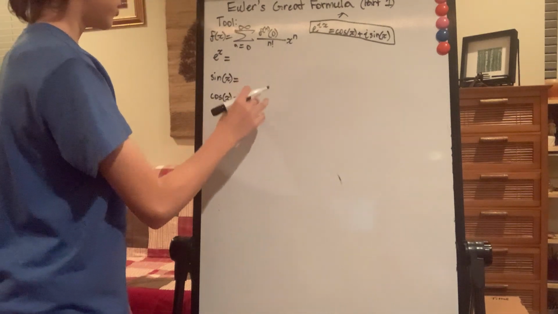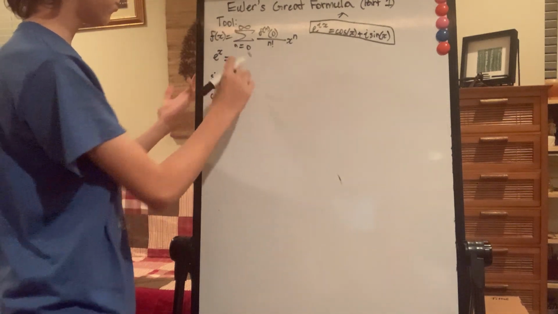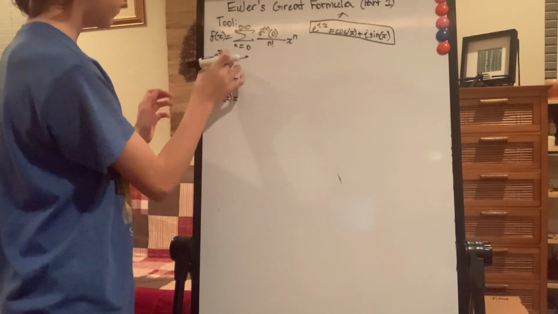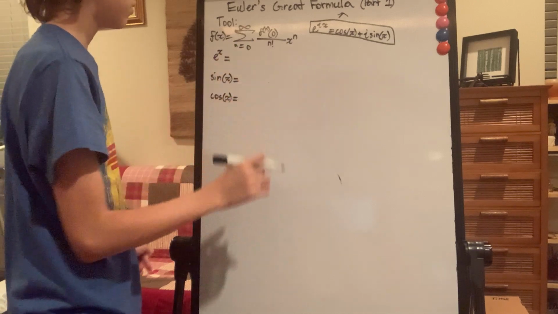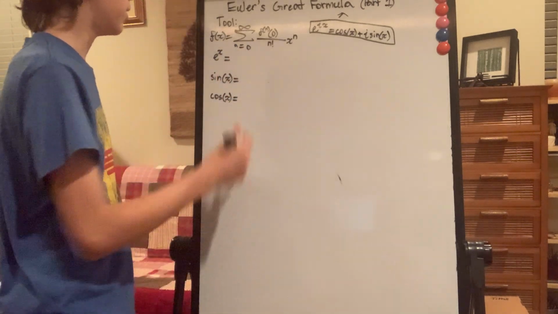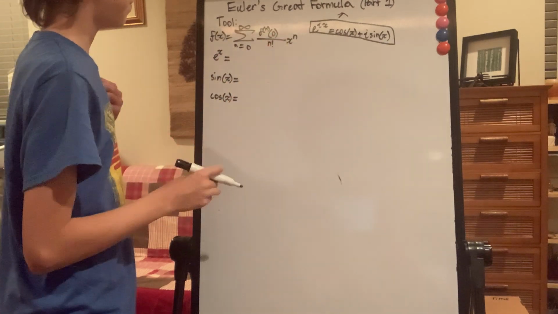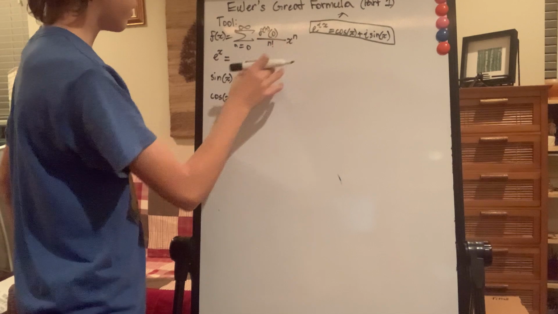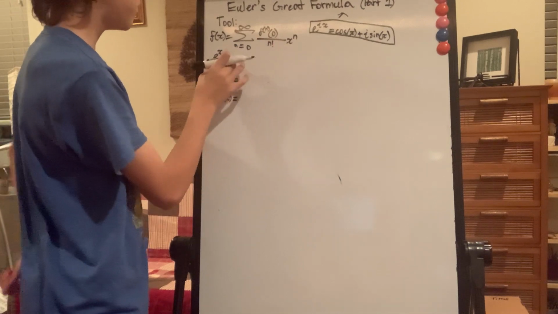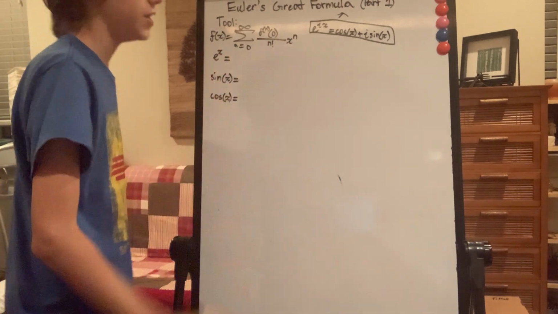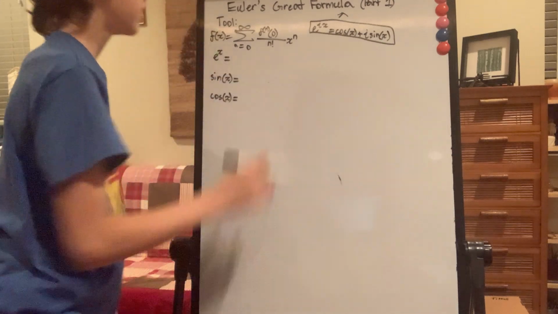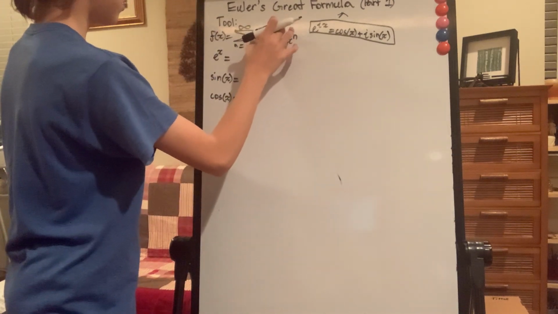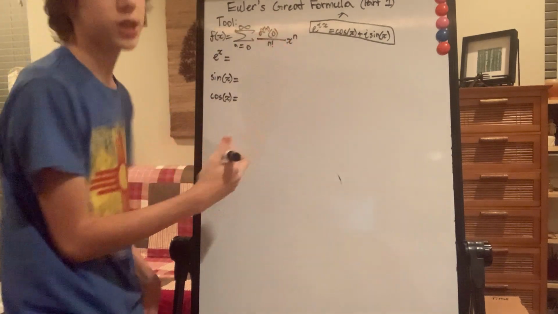Okay, so let's try to start listing out some terms of e to the x, sine of x, and cosine of x, and see if we can find a pattern using our Maclaurin series here. For e to the x, it's actually really easy. We don't even have to find a pattern, because the nth derivative of e to the x is literally e to the x, and at 0, it's always going to be 1.